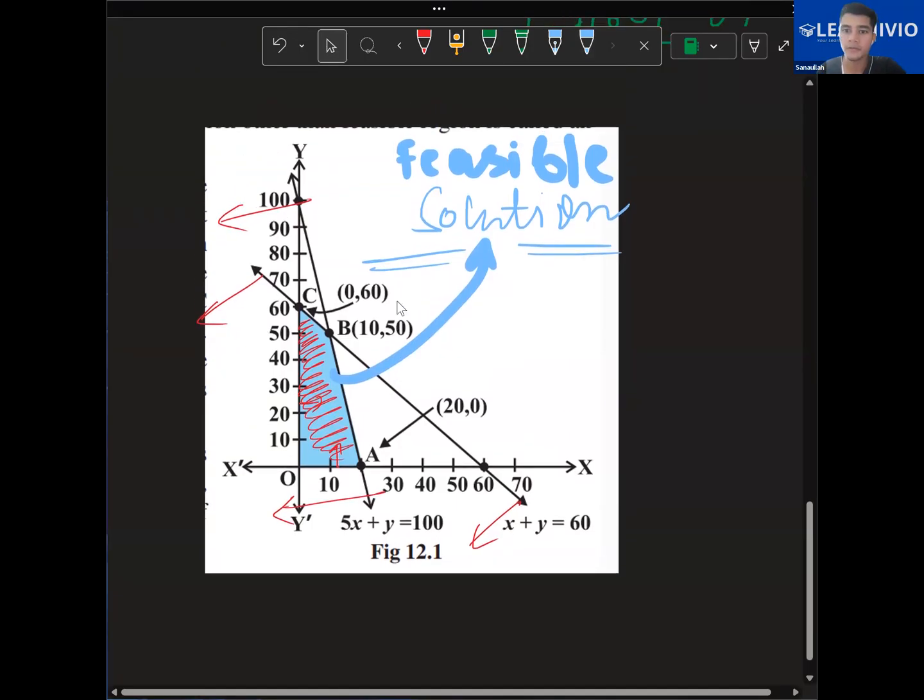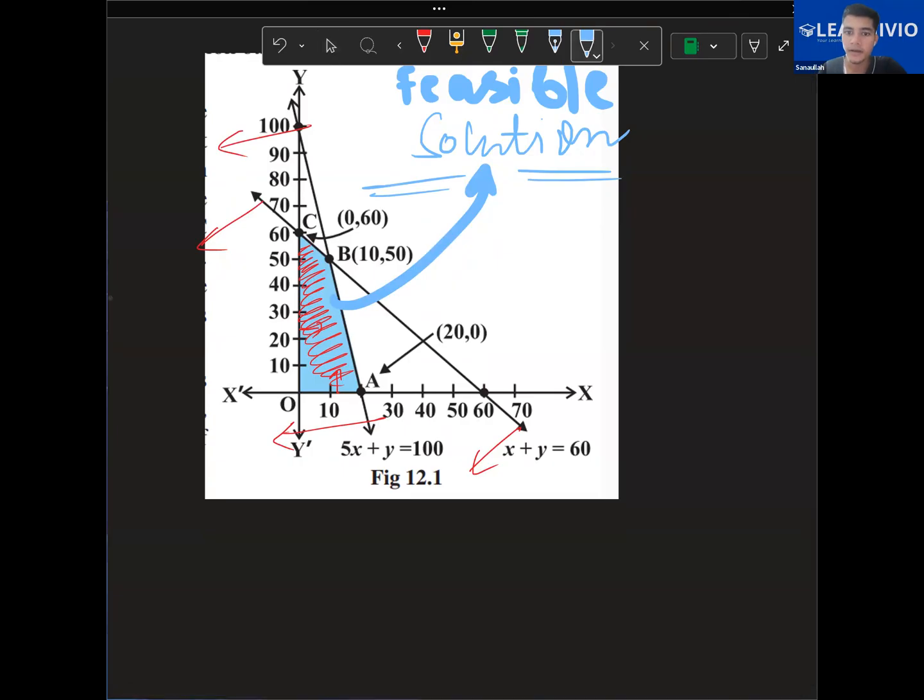And one more thing, if I ask you that is 10 comma 10 a feasible solution, then what you will say? If this is a point, that is 10 comma 10, then what will be your answer? Sir, it is feasible.